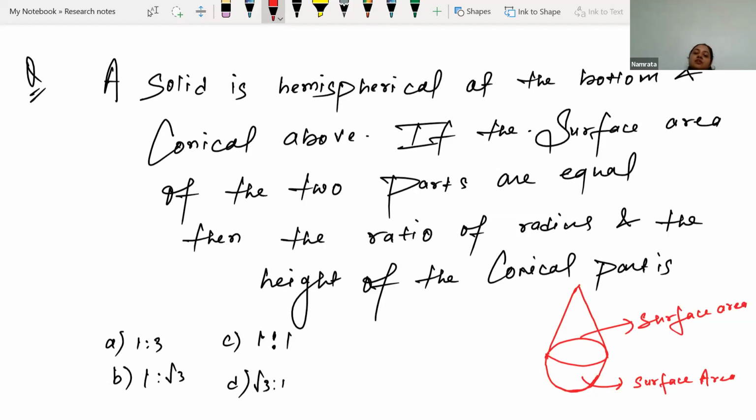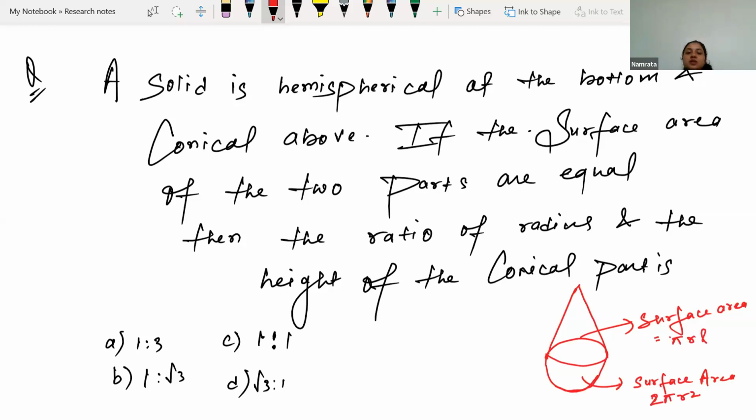What's the surface area formula for the hemisphere? Now we have written the formula for hemisphere instead of for a sphere. So the surface area of the hemisphere is 2 pi r square, exactly. And surface area of the cone is pi rl.